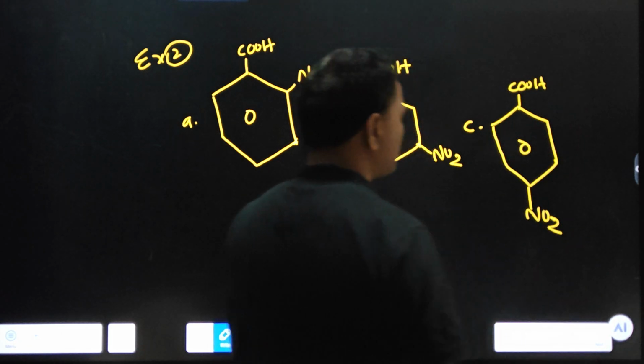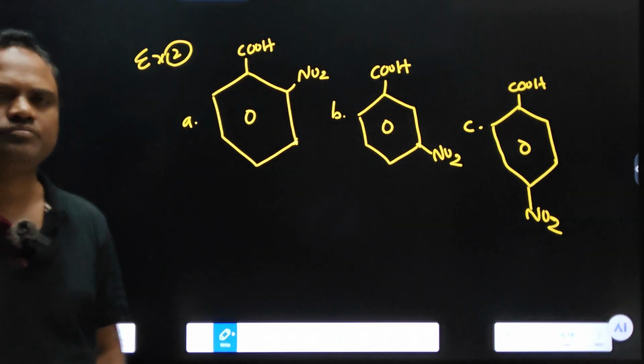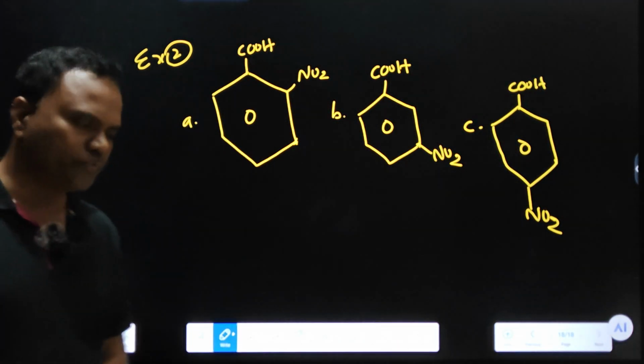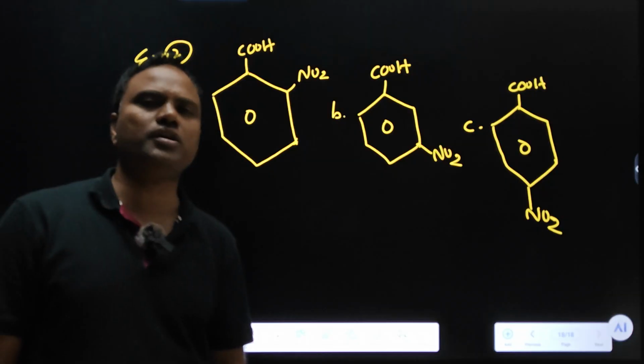Guess which is more acidic, which has more Ka value. Apply ortho effect, which is ortho substituted benzoic acid.